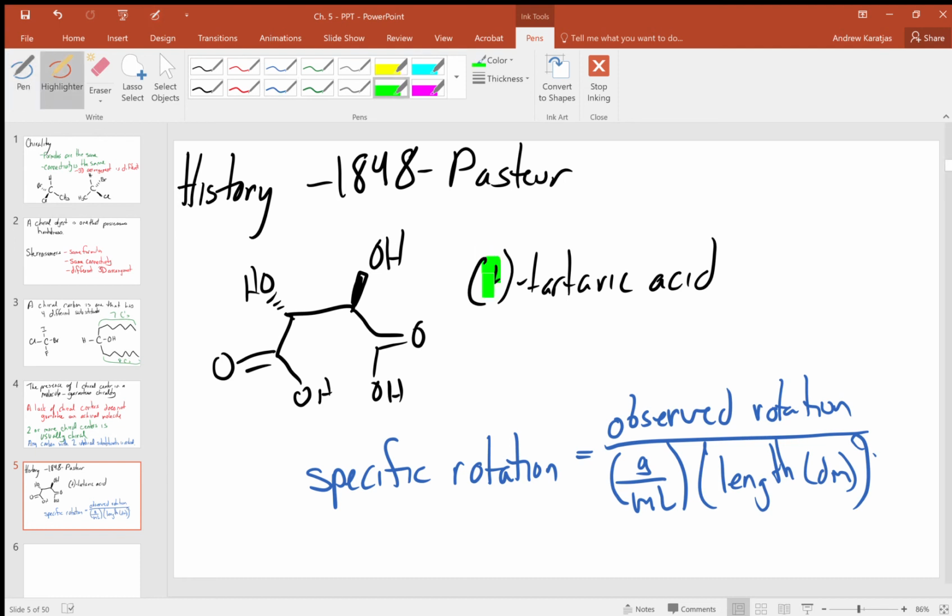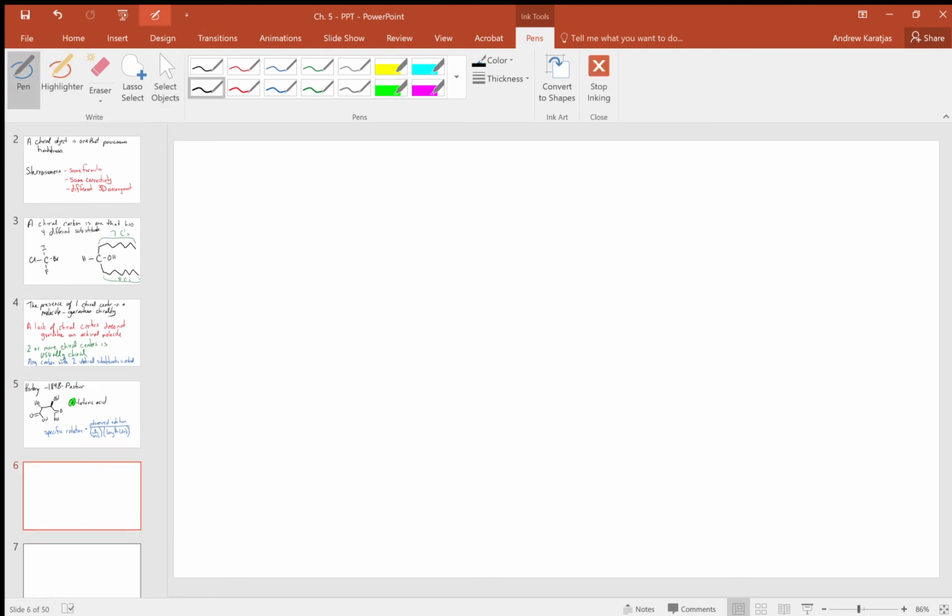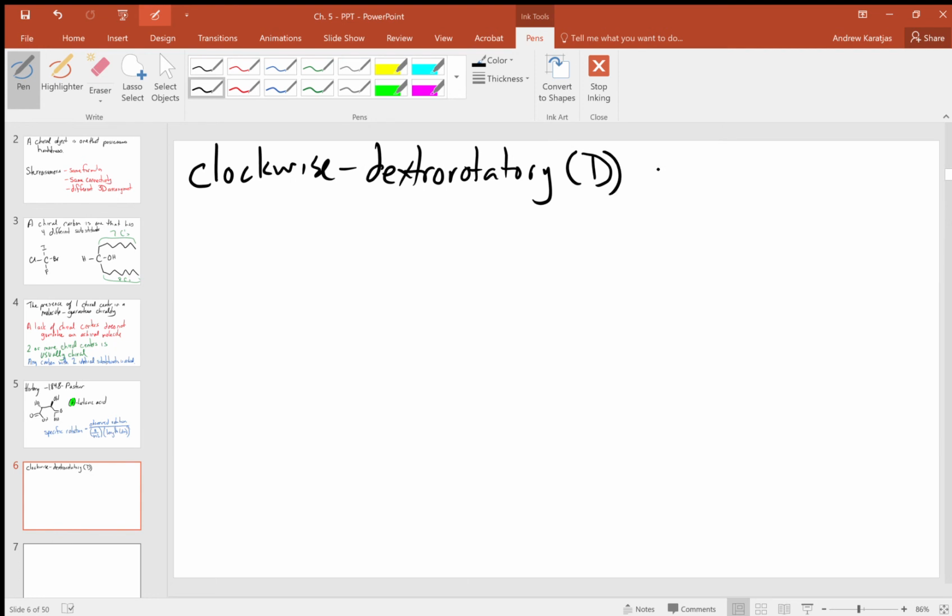And so if you're wondering what this plus means, well, this was the way that these types of chiral molecules used to be named. So if the rotation of the light was clockwise, that was referred to as dextrorotatory, or D, or plus.